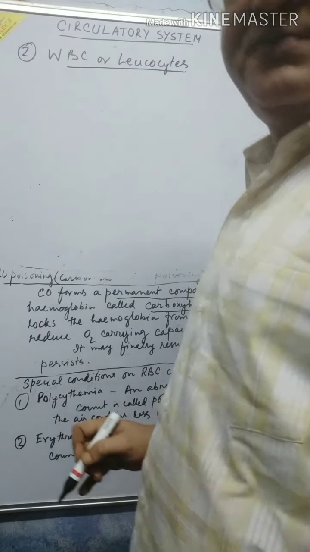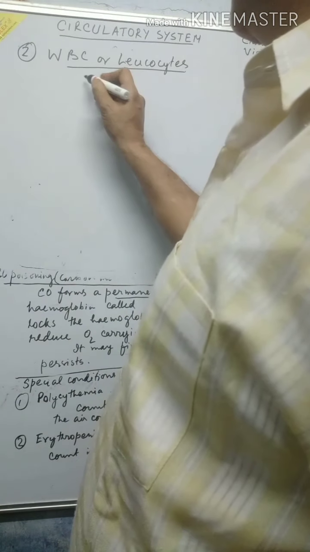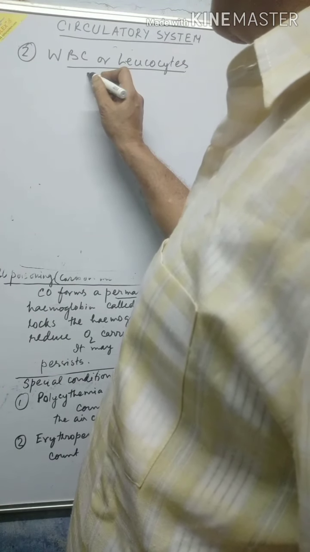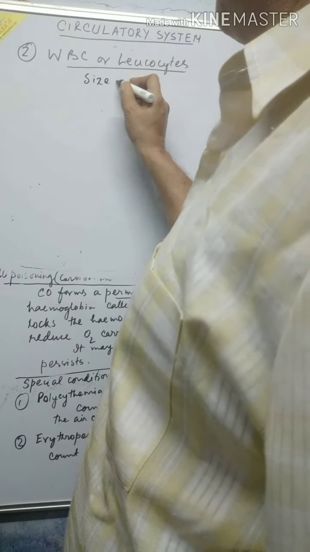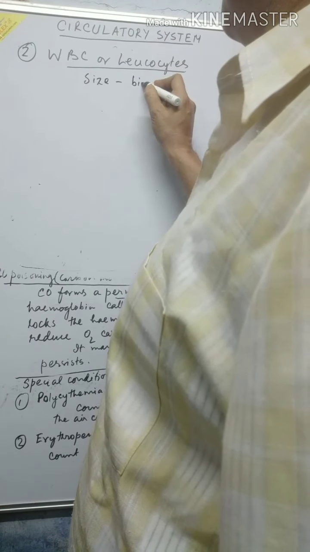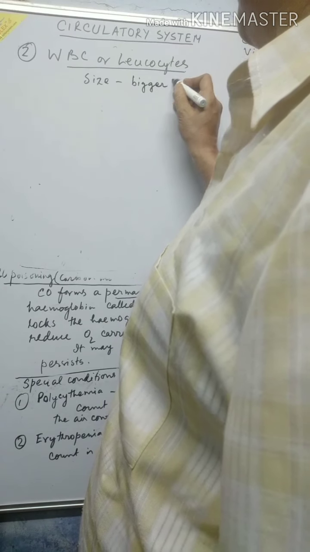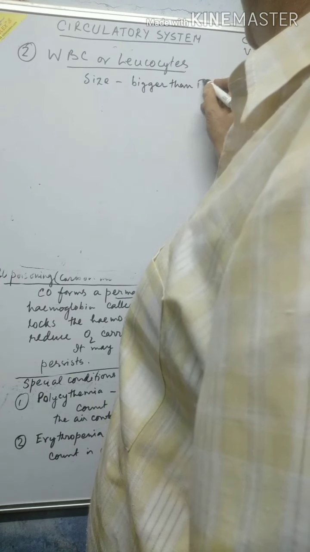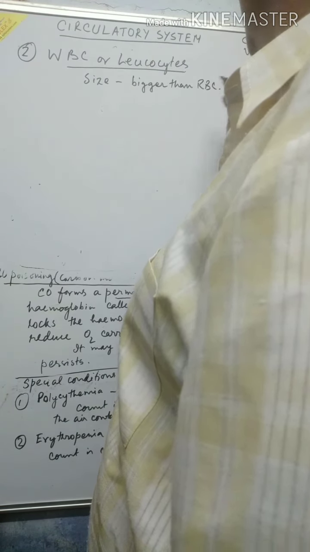Number 2, WBC or leukocytes. Size: bigger than RBCs, quite bigger.